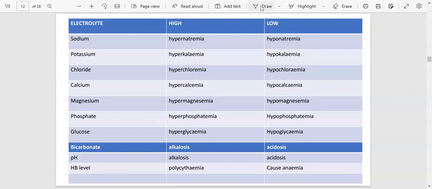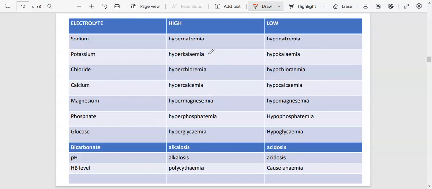All right, so some conditions can arise when you have these ions in excess or they are lacking. When you have high sodium, that condition is called hypernatremia, while low sodium is called hyponatremia.